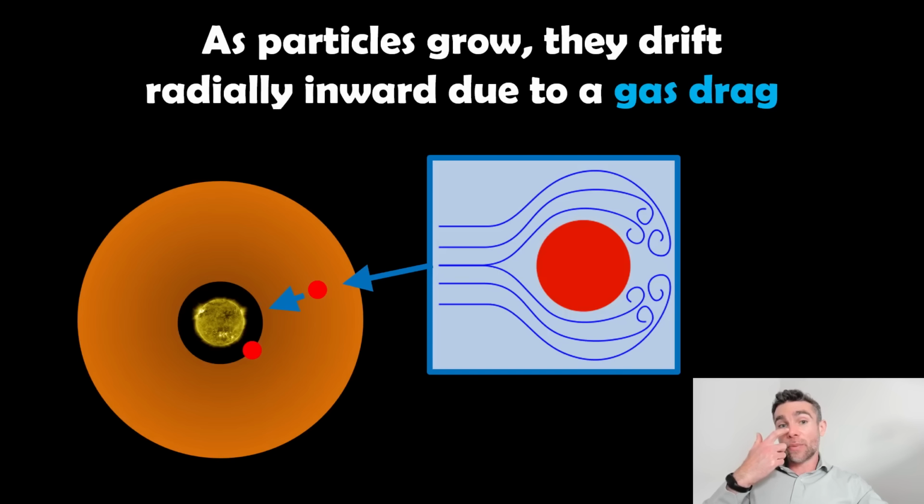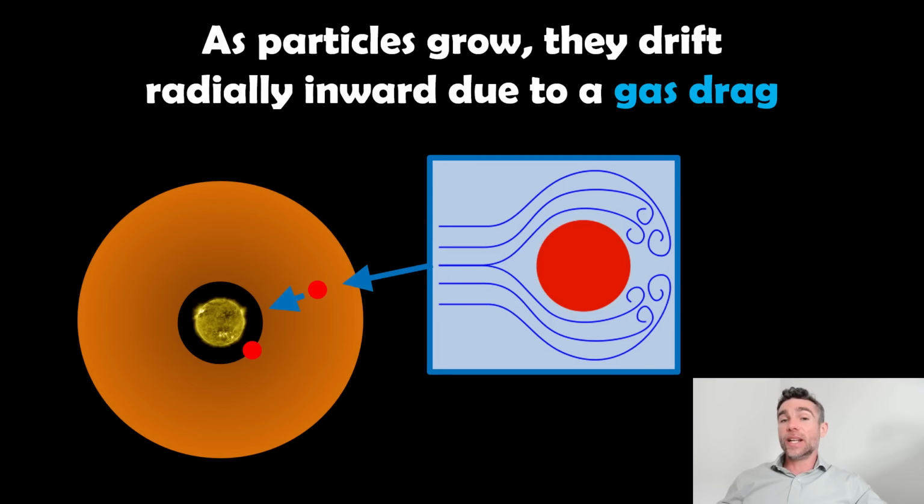Over some time frame, depending on the size of the particle, it will end up plunging into the star. Again, in our models, they plunge into the star quite quickly. We do have some additional physics which can stop the radial movement, because we know planets don't plunge into their star. Again, I've done a separate video on that one. But essentially, they get this gas drag, they move radially inwards.